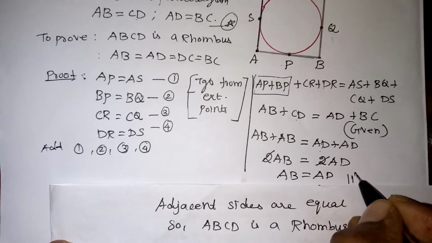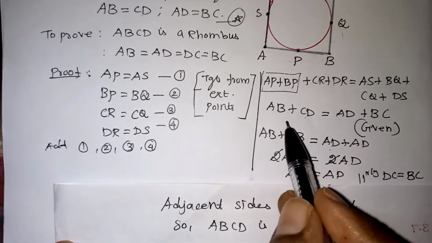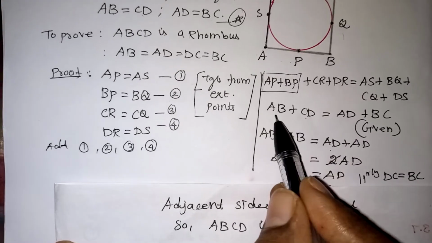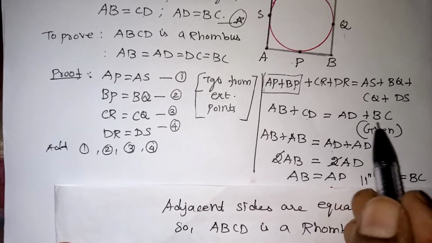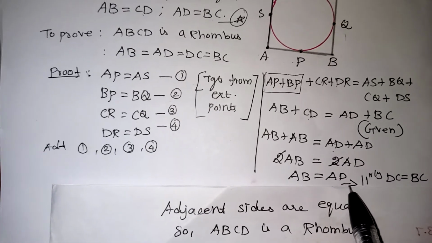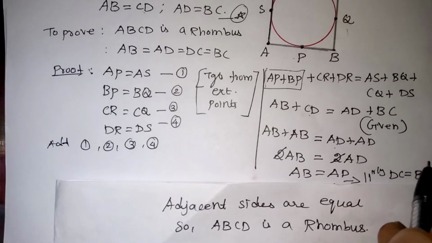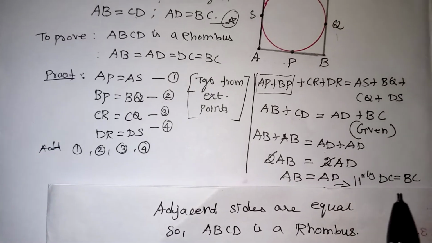Similarly, we can say that DC and BC will also be equal. Here we changed for AB; if we change CD to both, and BC to both, it will come out clearly. You need not write it once again. Similarly, DC and BC are also equal, we can write. If you are not writing it, they will not reduce your marks. Just for your reference, I am writing it here.